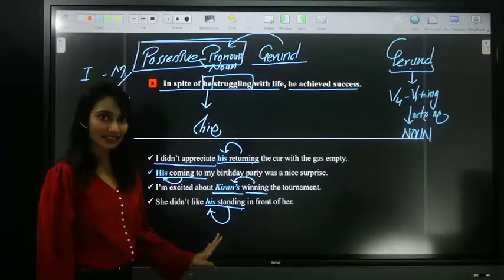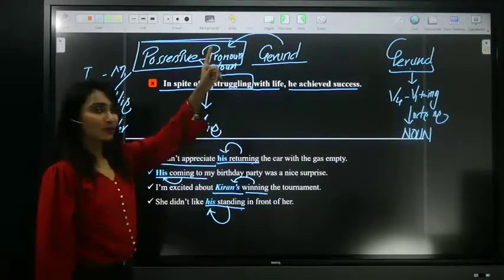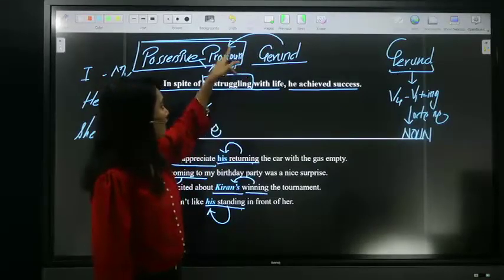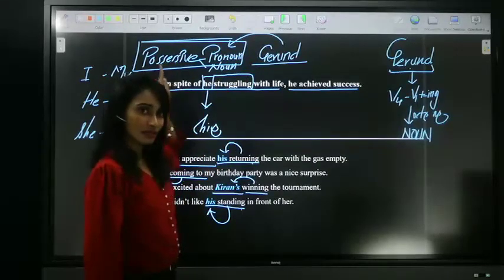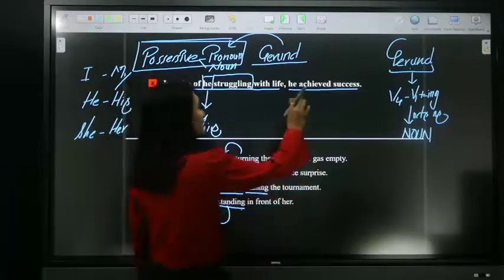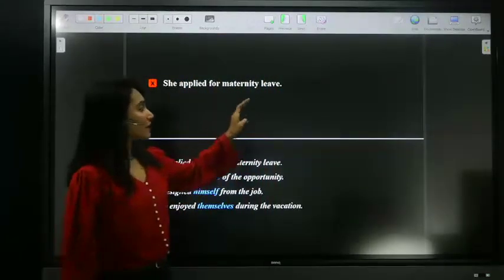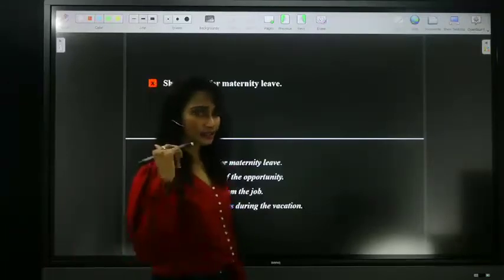Is that clear, guys? So remember this concept. Before a gerund, if there is a noun or a pronoun, both noun and pronoun must be in possessive case. Now look at the next one. She applied for maternity leave. Answer this.